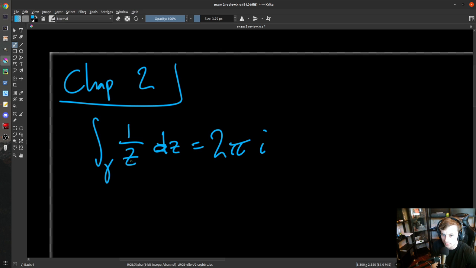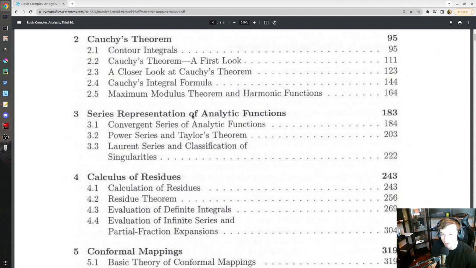And the issue here was that there was a point where the function 1 over z was not analytic inside of the unit circle, and that point was 0. So this was our archetypal example for what prevents Cauchy's theorem from holding in a more broad situation.